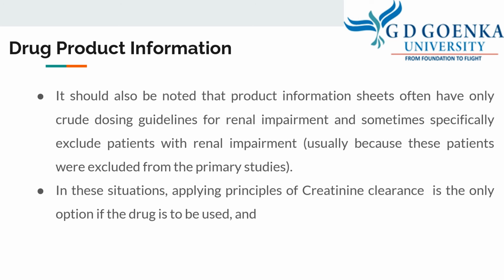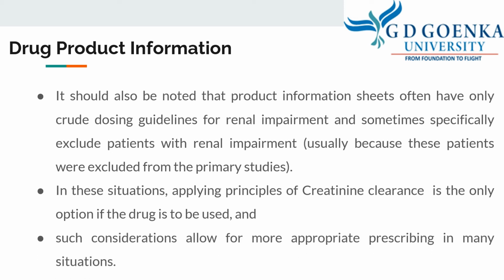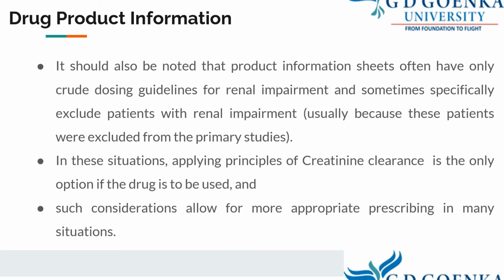In these situations, applying the principles of creatinine clearance is the only option if the drug is to be used, and such considerations allow for more appropriate prescribing in many situations.